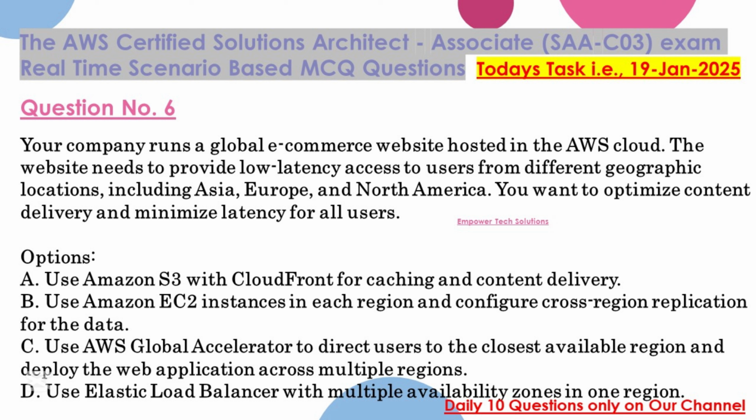B. Use Amazon EC2 instances in each region and configure cross-region replication for the data. C. Use AWS Global Accelerator to direct users to the closest available region and deploy the web application across multiple regions. D. Use Elastic Load Balancer with multiple availability zones in one region.